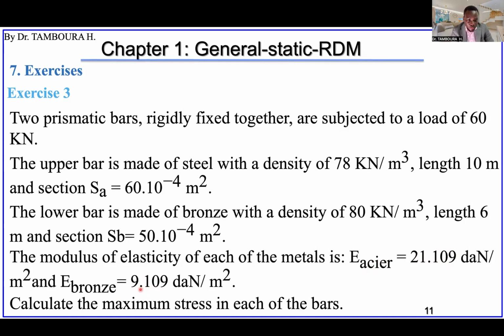Okay. You have to consider it. It means 21 point multiplied by 10 power 9. I hope you understand what I mean.